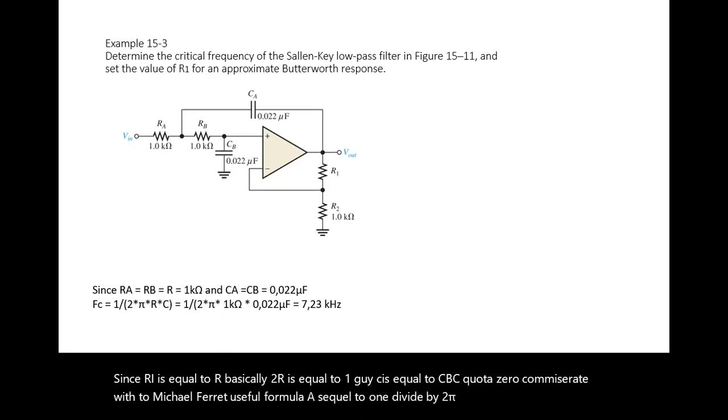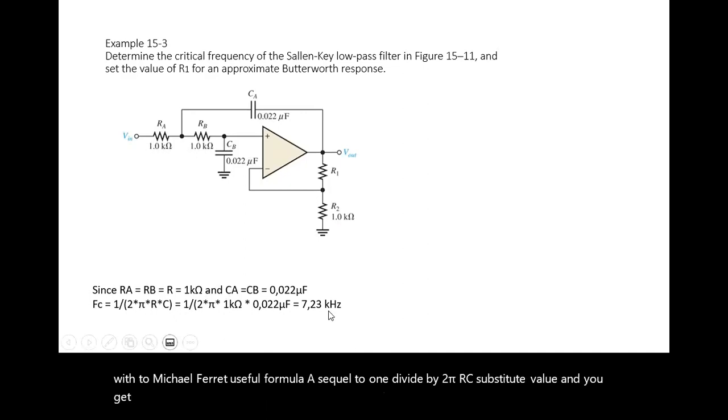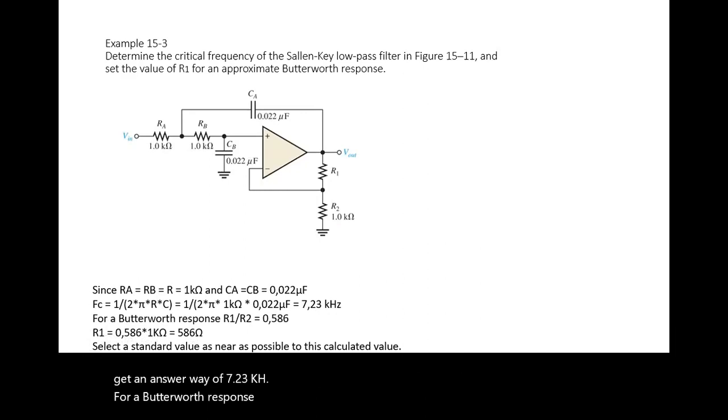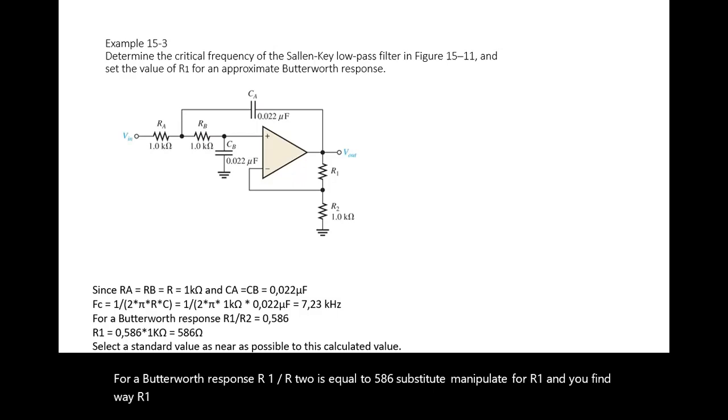Substitute the values and you get an answer of 7.23 kilohertz. For a Butterworth response, R1 divided by R2 is equal to 0.586. Substitute and manipulate for R1, and you find R1 is equal to 0.586 multiplied by 1K, which is 586 ohm. Then we select the standard value as near as possible to the calculated value.